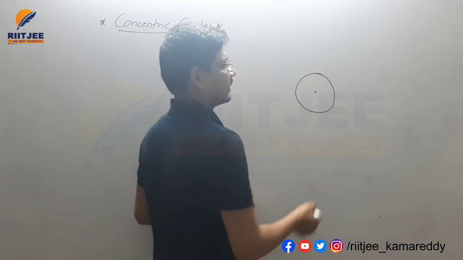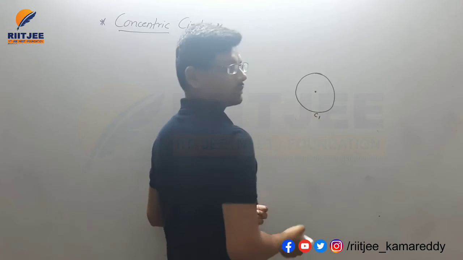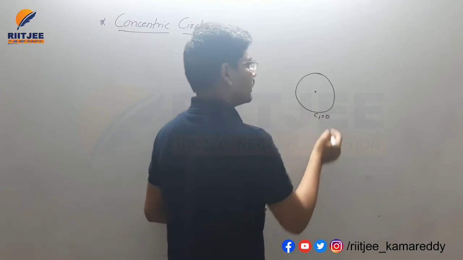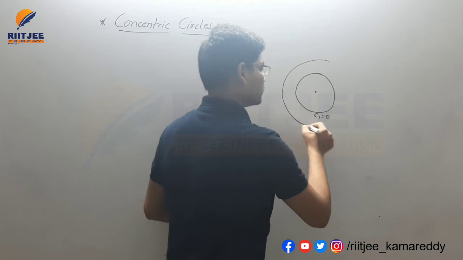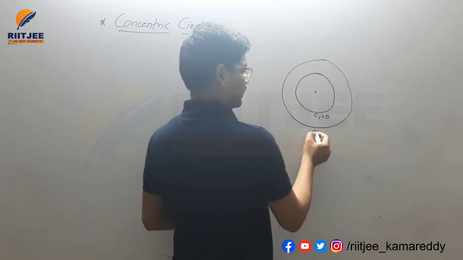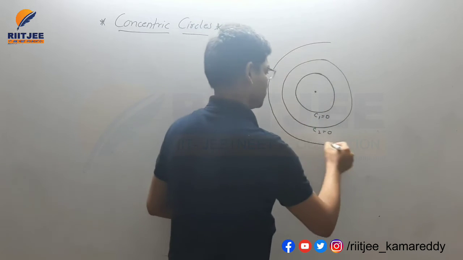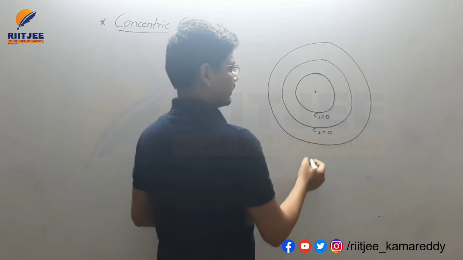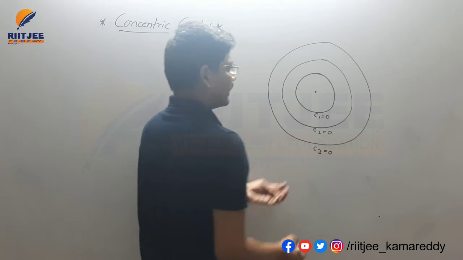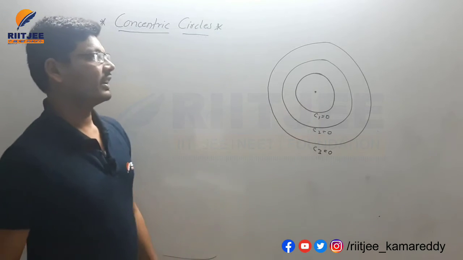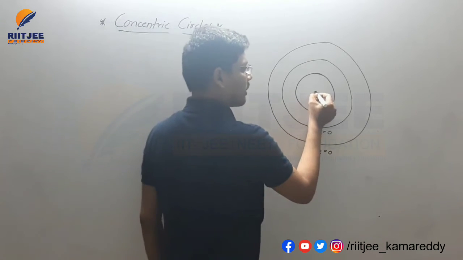This is a circle, circle C1 equal to 0, and one more circle C2 equal to 0, and one more circle C3 equal to 0. For these three circles, the center is common for all.